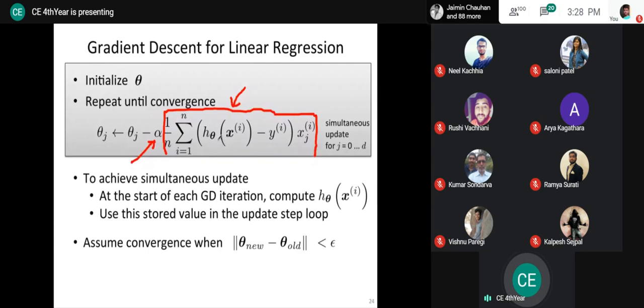Then what is the role of this alpha? If the gradient controls whether to increase or decrease the theta, then why are we using this alpha? What is the role of alpha?